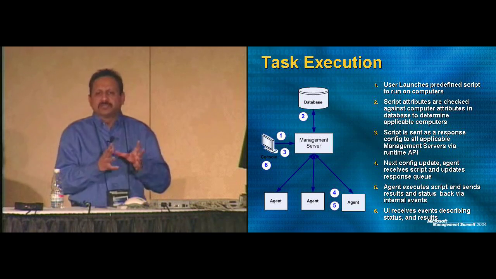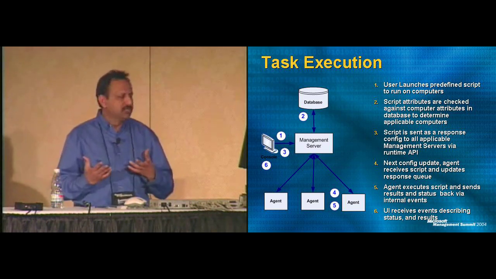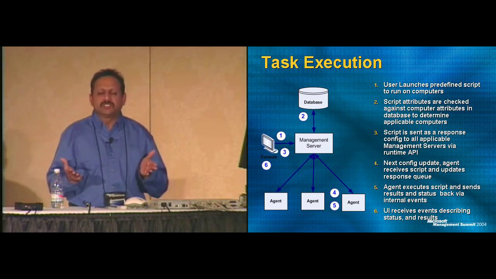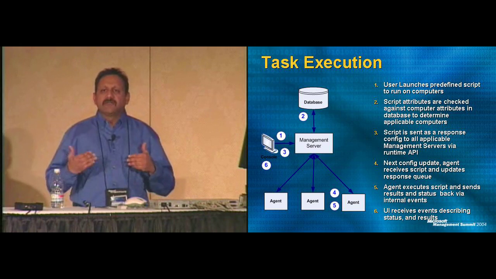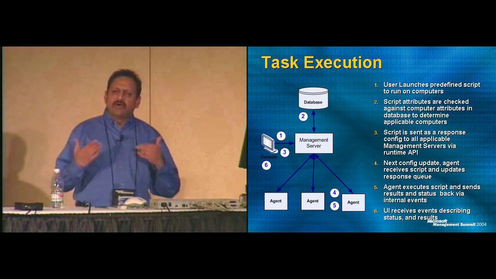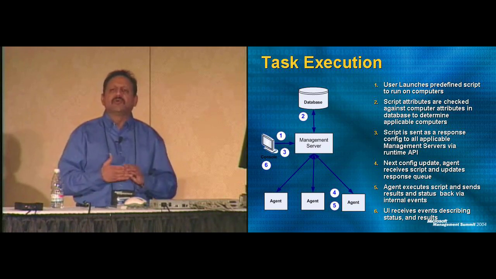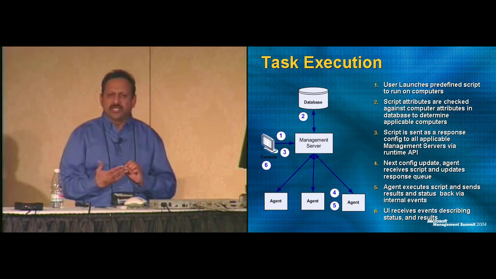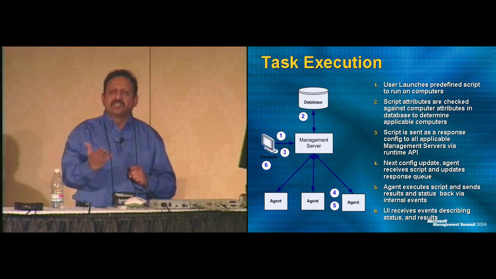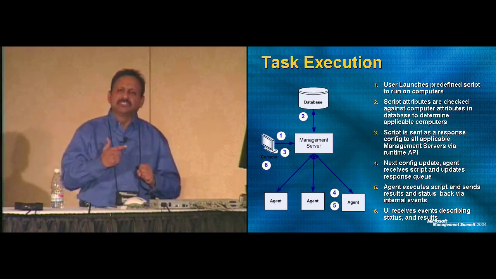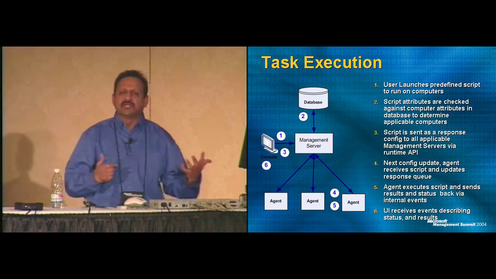And from there, the management server takes over. So it'll find out if it needs to be run on the management server, and that's where it runs it as a response. If it is to be run on the agent, it'll add it to the agent configuration. So when finally the agent asks for its configuration, it'll get this task to be inserted into its response queue, and it'll run it there.